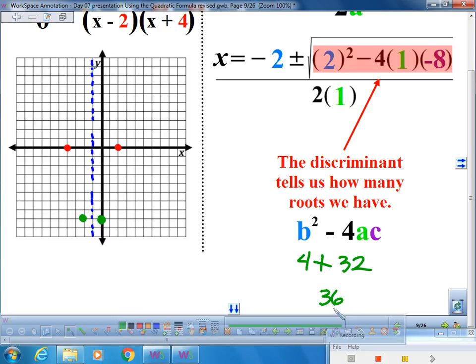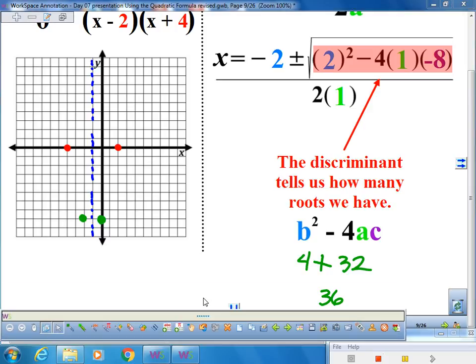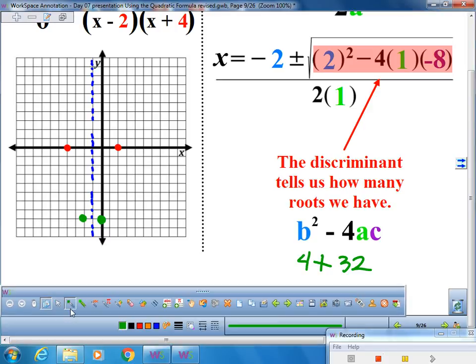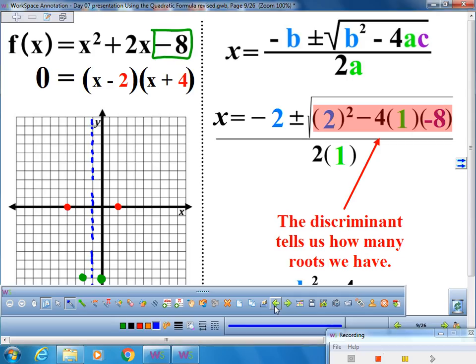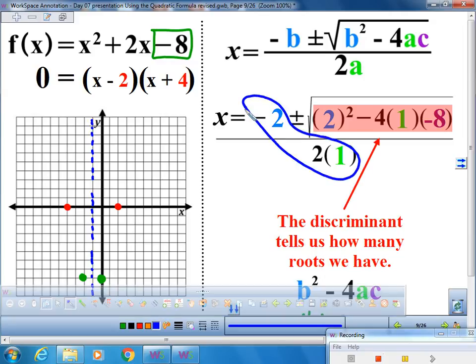Another piece of information. You see this right here? Before I said it was our axis of symmetry, it still is. But you're like, but Mrs. Muller, it says -2, and we said our axis of symmetry is -1. Well, let me show you. I'm going to just keep it on this one. Right here, it's our axis of symmetry right there.